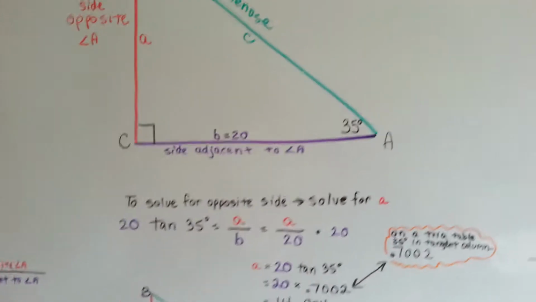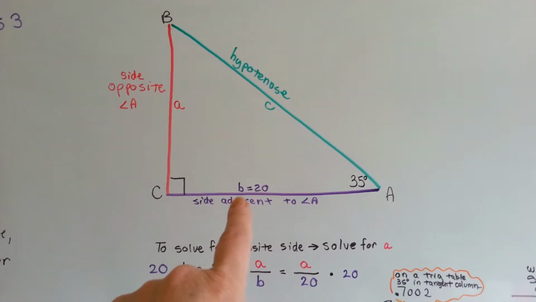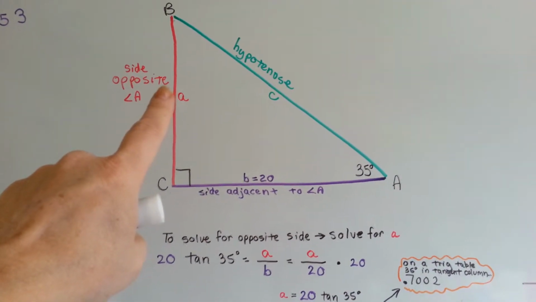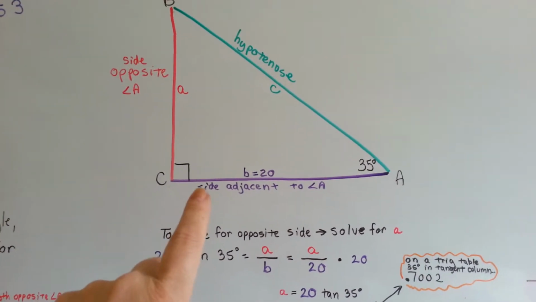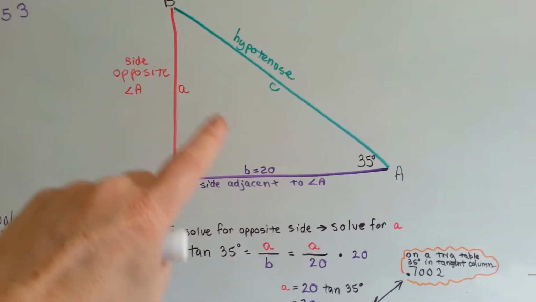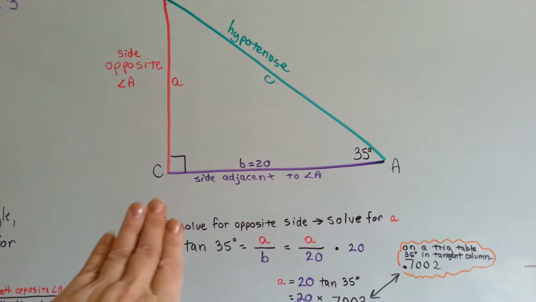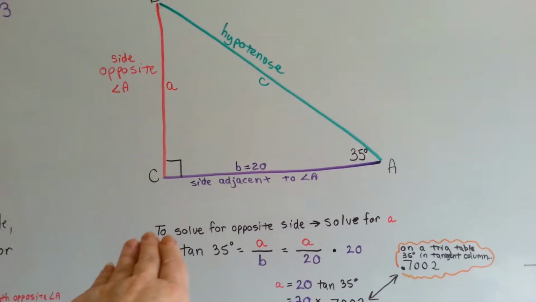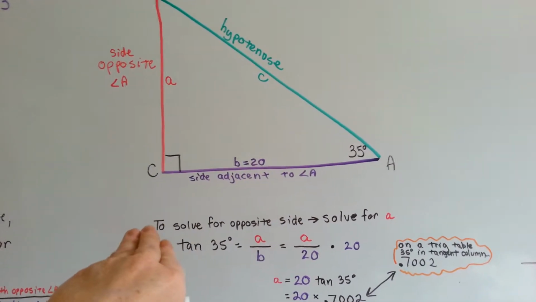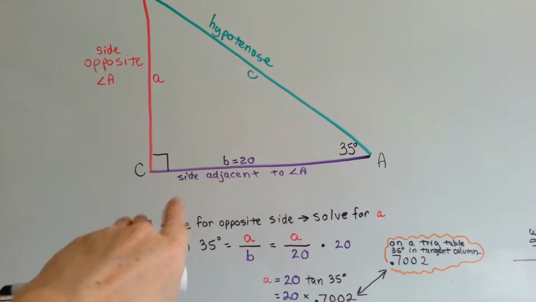Okay, so here's our drawing, and let's say that we want to solve for the opposite side. We want to figure out what A is, okay? So we would say red over purple, A over B, and if we know that the length of B is 20, we can say that the tangent of the 35 degree angle is equal to A over B, which would be A over that 20 length, right?